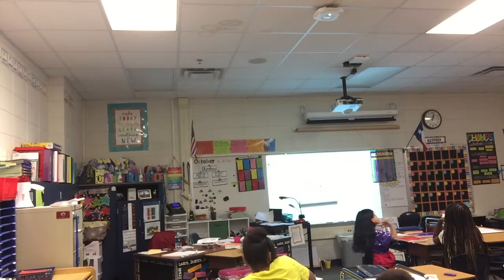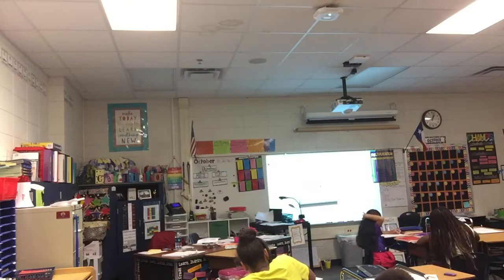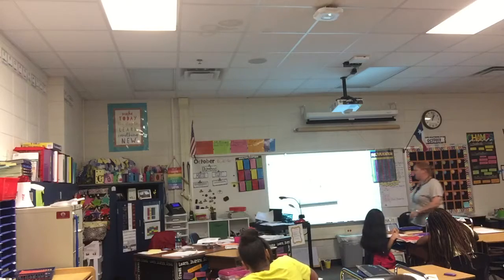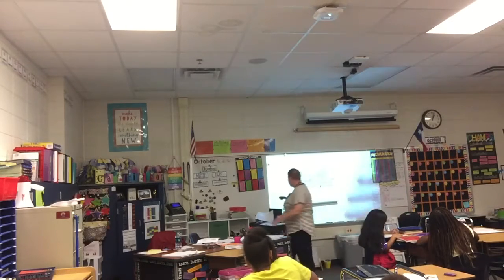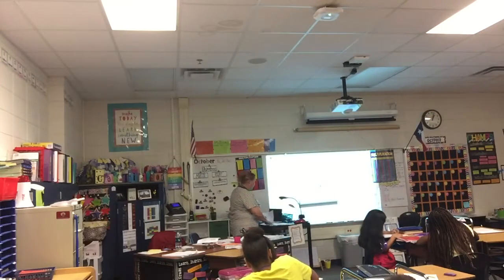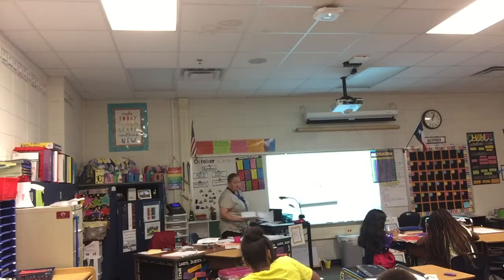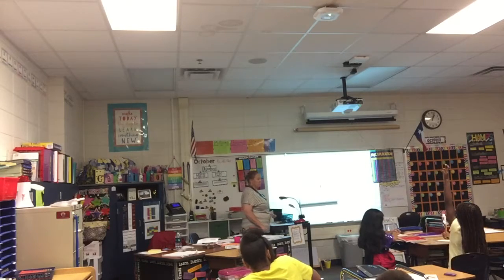Please write this definition down in your journal for me. With division, we are starting with a total or beginning with a total. Then we are separating. Let me move this out of the way so you can see it well. We're separating or splitting, creating equal groups.